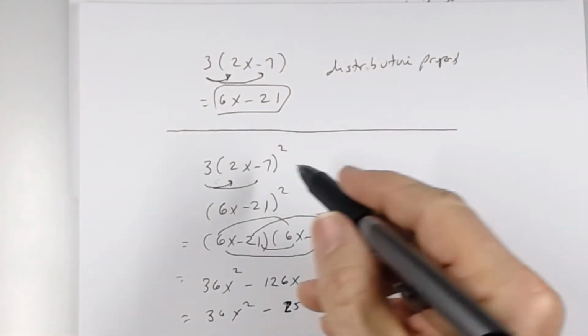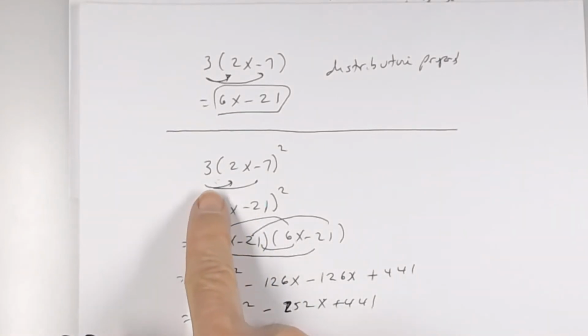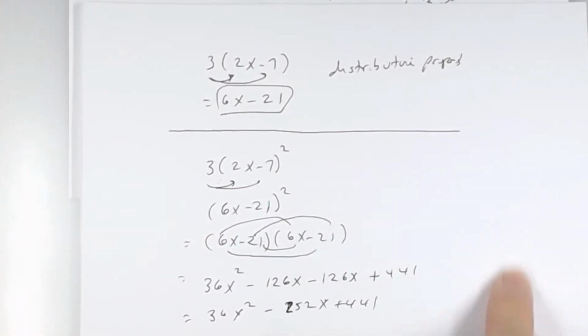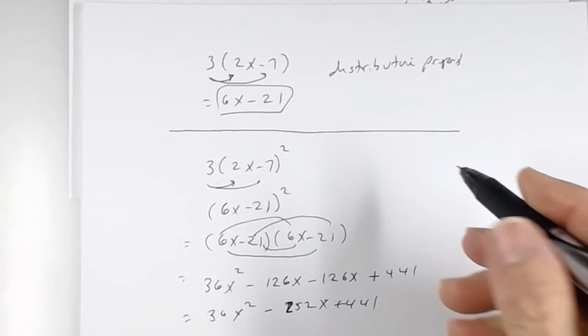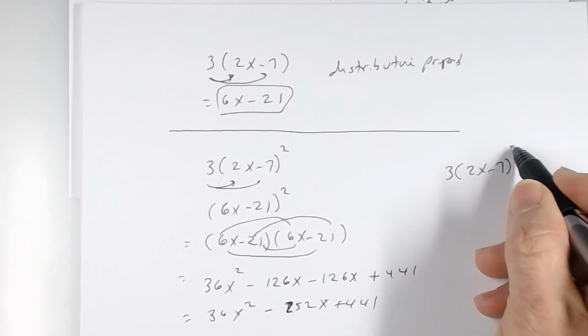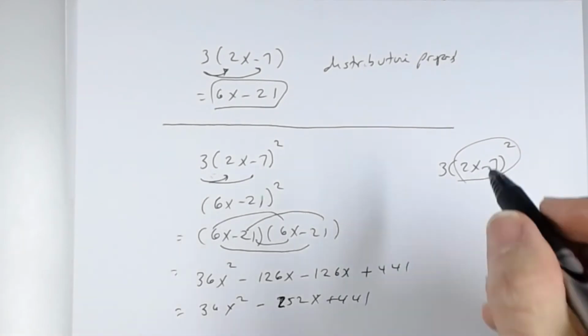Okay? Now let's see what happens if I square first and then multiply by 3. So if I can distribute here, then that answer better be the same as what I'm about to do. All right? So let's square first and then multiply by 3. See if we get the same thing.